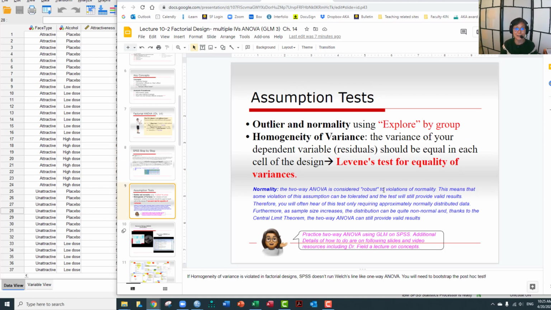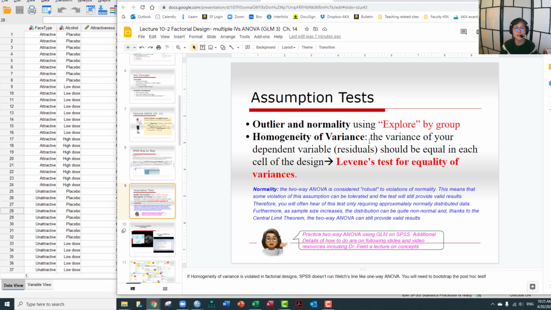Having that said, now let's move on to assumption tests. The first, outliers and normality, using explore by group. This one doesn't have to be by interaction. Just look by the face attractiveness group, two levels, and alcohol level, three levels.